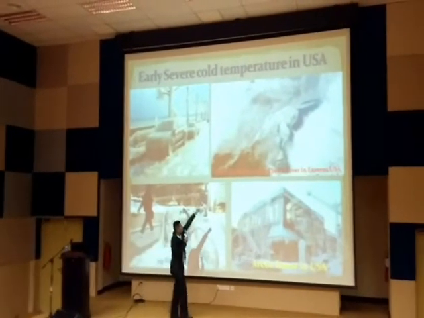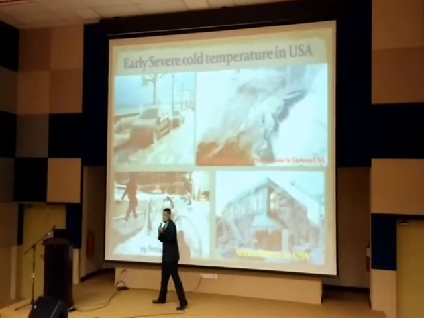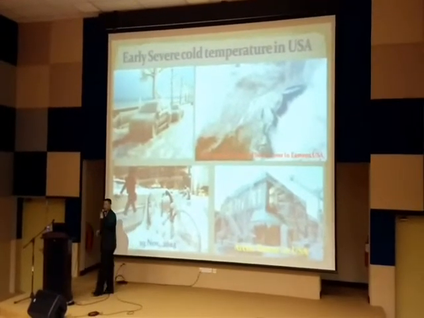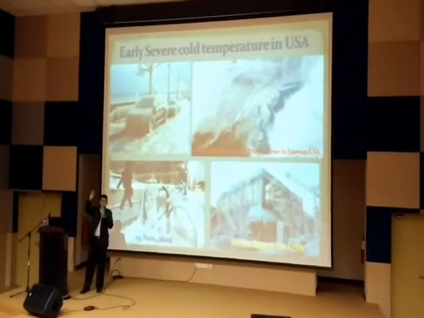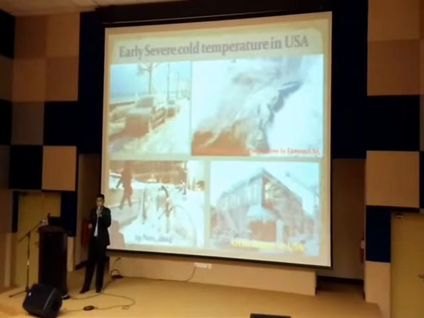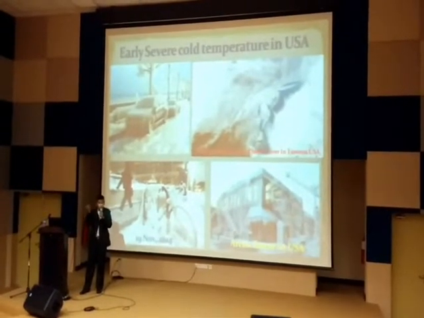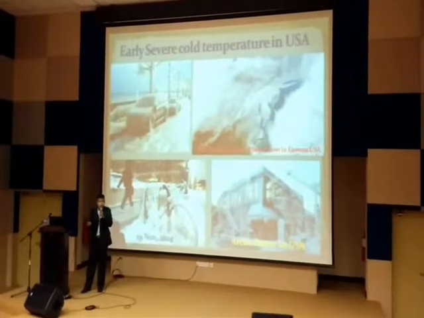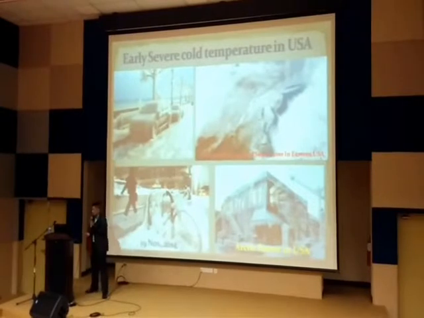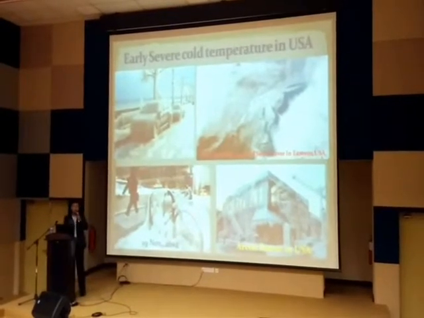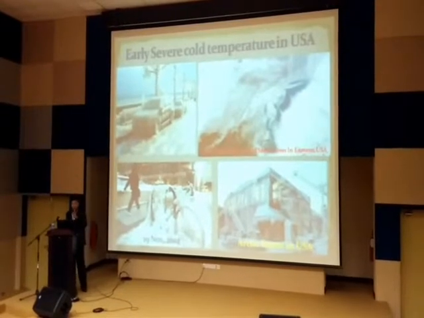You can see here the white color is the cover by snow. In the US, you know that last week 50 states in America were covered by snow, not normal snow, but severe snow, and the temperature dropped to maybe -7 degrees Celsius.